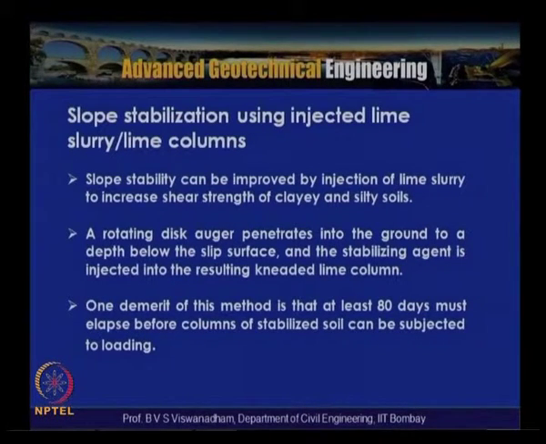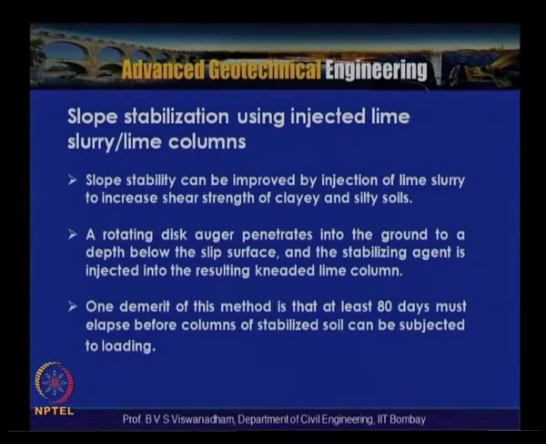This is done basically by a rotating disc auger that penetrates into the depth up to a slip surface or sometimes beyond the slip surface, and the stabilizing agent is injected, resulting in the needed lime columns.